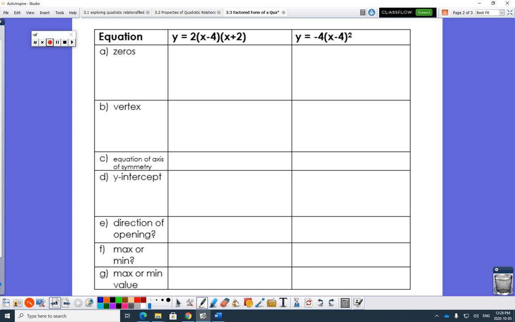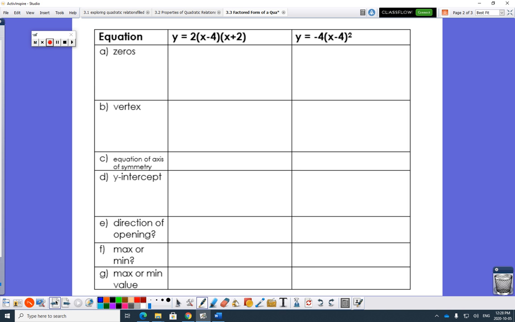So the one thing we are trying to find with the zeros are where the parabola crosses the x-axis. So what's the y value when you cross the x-axis? What's y equals?